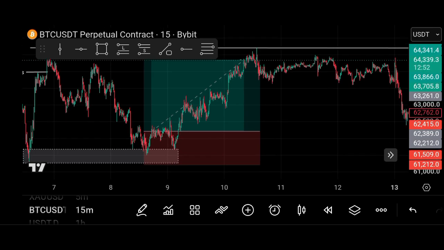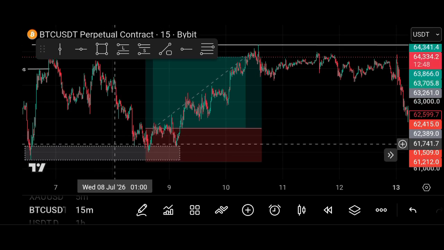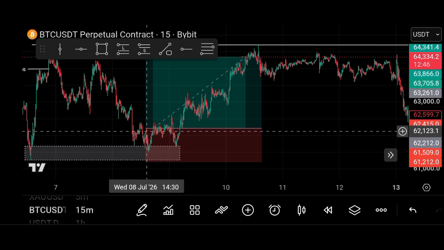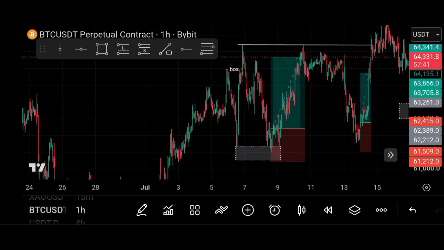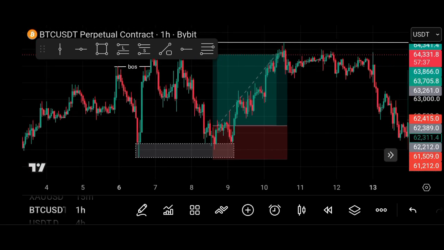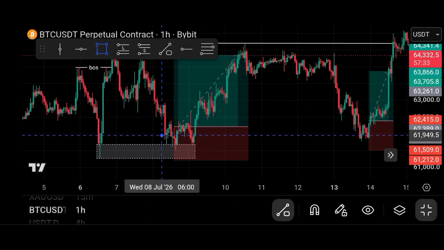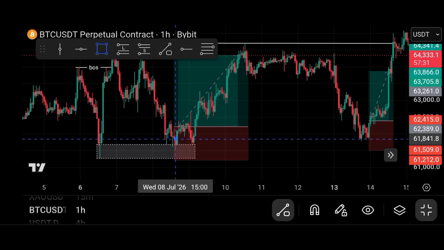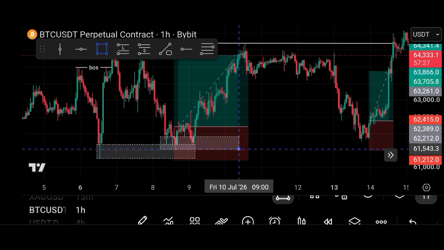So now what I did was I went to my higher time frame and looked for a valid demand zone, the closest valid demand zone. In this case, it was supposed to be this candle here, this red candle. So you draw from here to extend here.